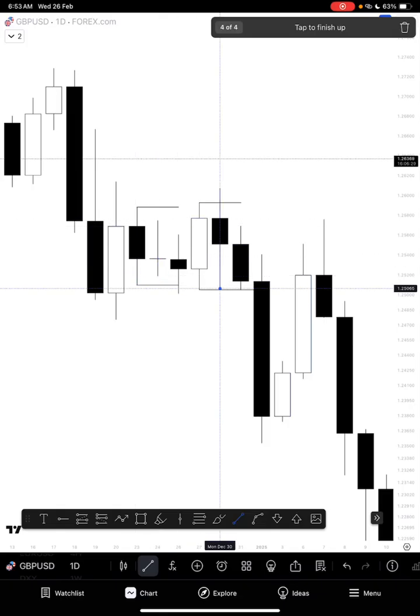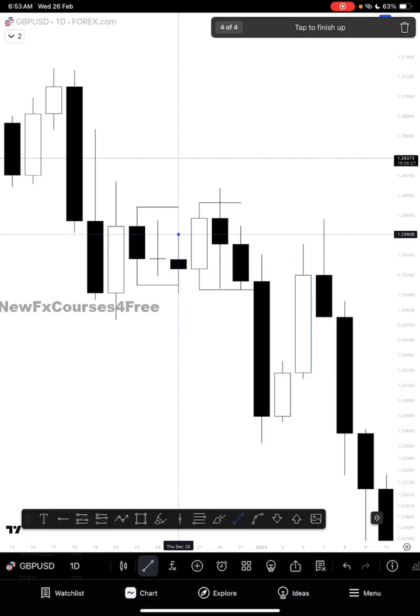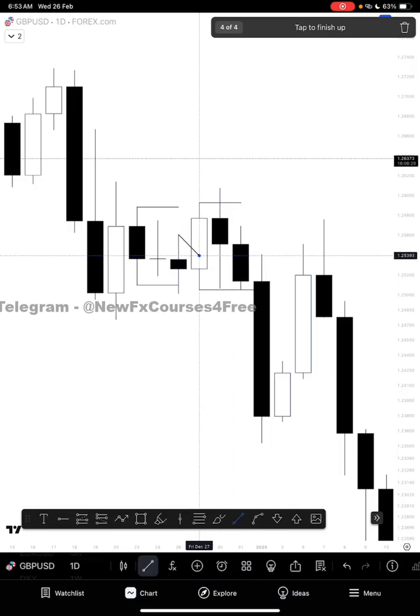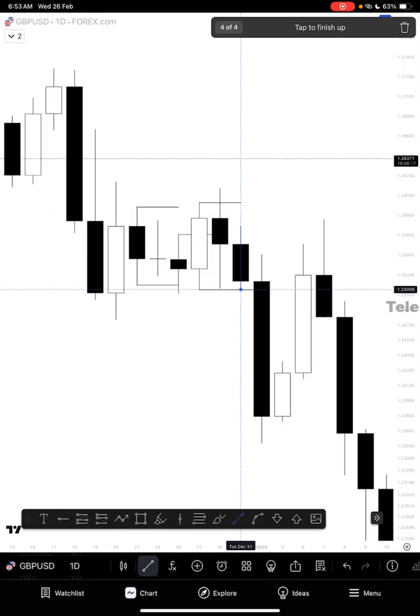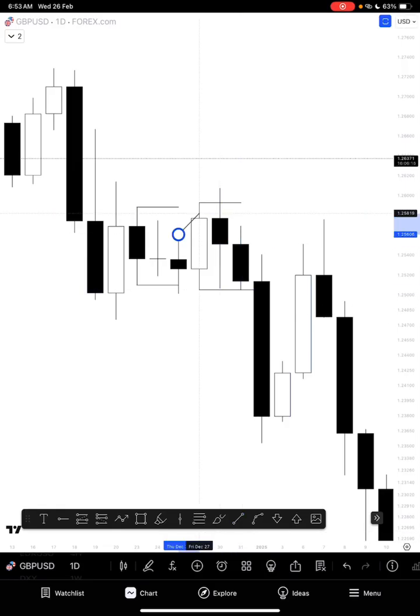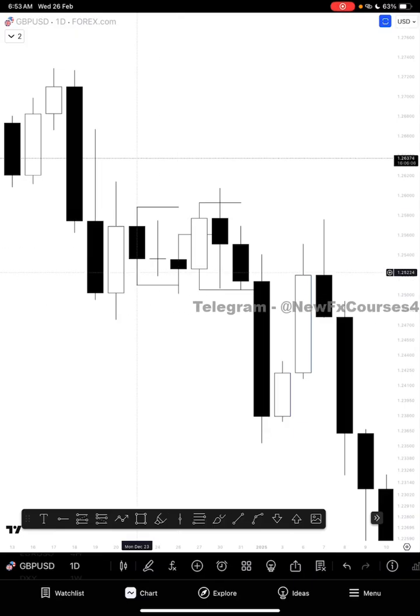Then what actually happened? A continuation the next day for bullish price action, which actually happened on Friday towards our opposing draw on liquidity, which is actually this high. So week below, then close back into this range equals higher prices.